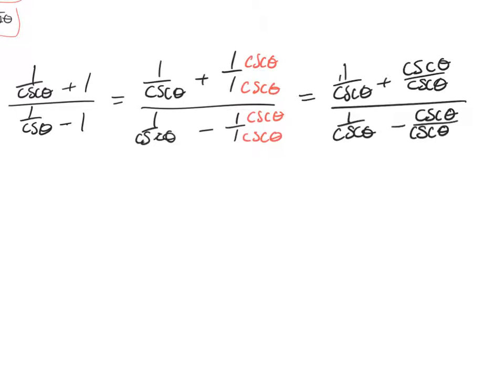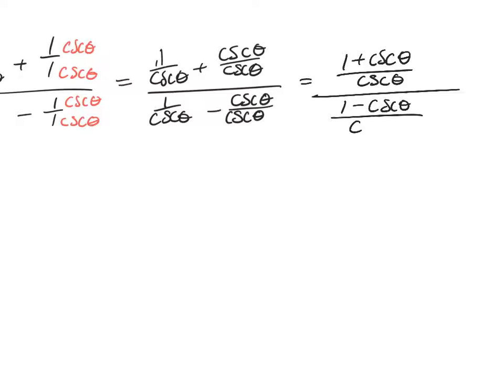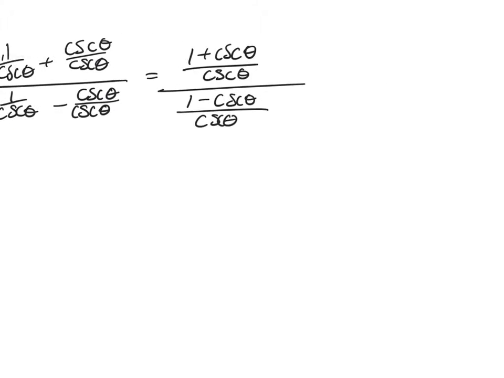See why I'm not a fan of this? We keep moving. We get 1 plus the cosecant theta over the cosecant theta divided by 1 minus the cosecant theta over the cosecant theta. Still not a fan.